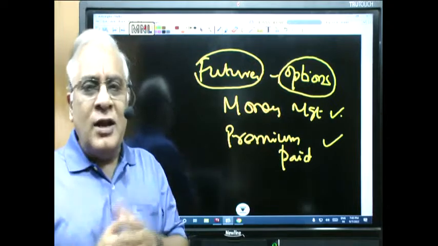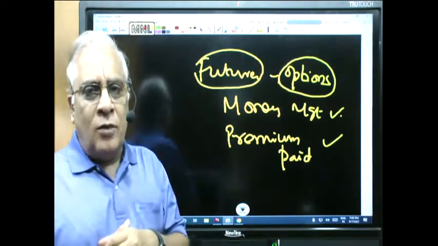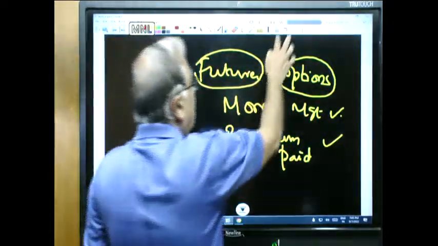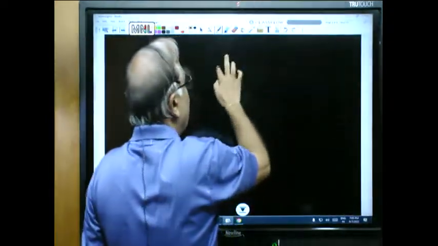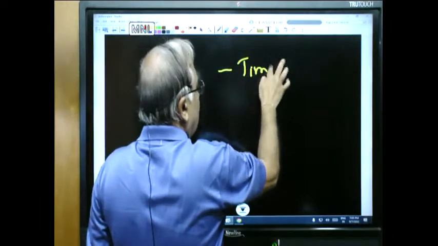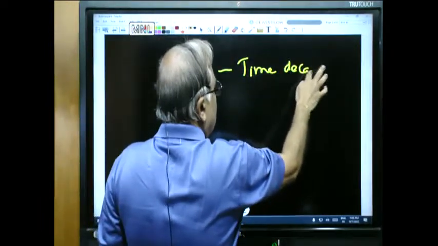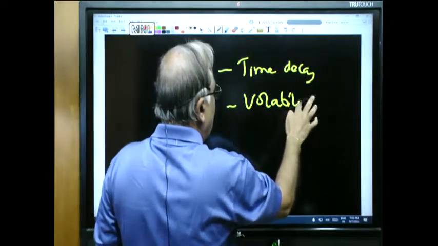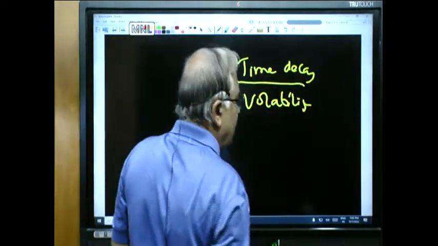So you must also understand what are the characteristics of an option which is bought. So the characteristics of option could be the time. First and most important is the time decay, right? So the volatility, all those other parameters come into play. So the most important thing is the time decay, which you have explained earlier.